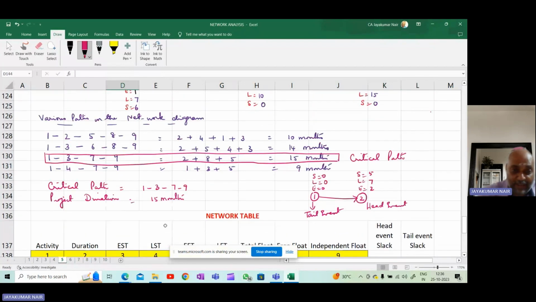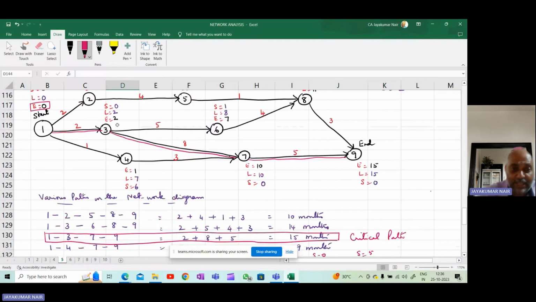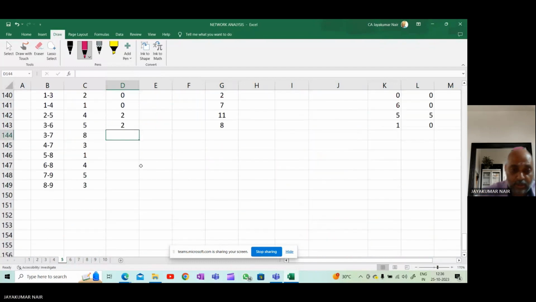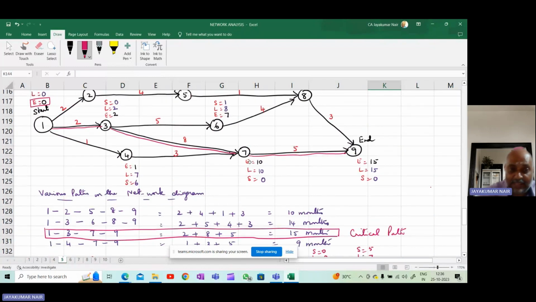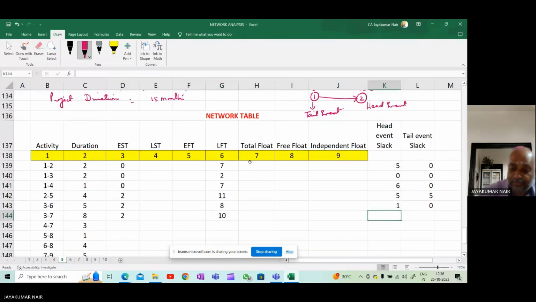Coming to 3, 7, it is 2 and 10. Head event slack is 0, and tail event slack is also 0.